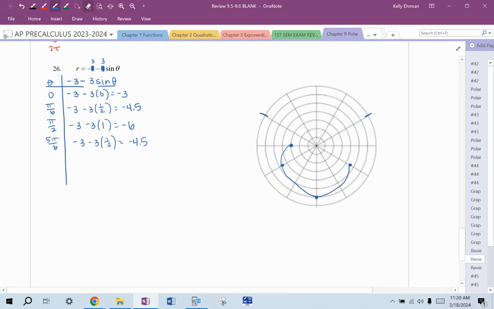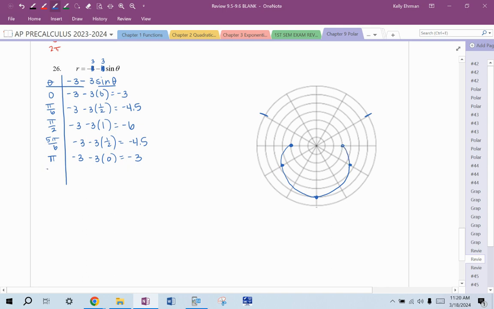I'm going to try to round this out better for that little section. Okay, and then again, you could be using symmetry, but it's best to just keep going because this is one of those cardioids, but just in case, might as well just plug in pi. Negative 3 minus 3 times sine of pi is 0. Face pi and go backward 1, 2, 3 units.